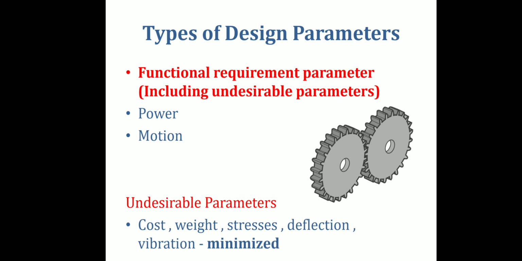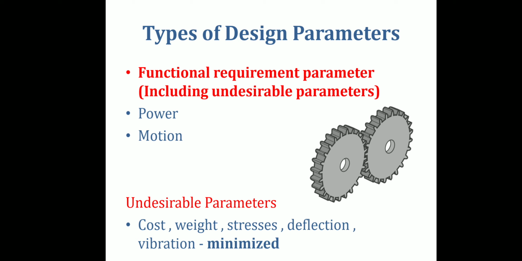To understand this, let us take an example of a gear. The function of the gear is to transfer power and motion from one shaft to another. In technical terms, the power transmitting capacity and the gear ratio are the functional requirement parameters. These two parameters ensure the proper functioning of the gear.